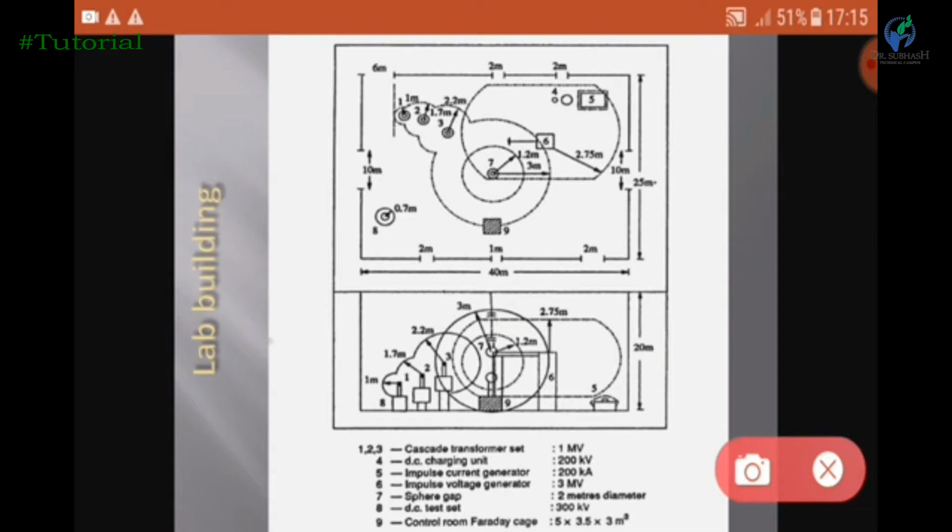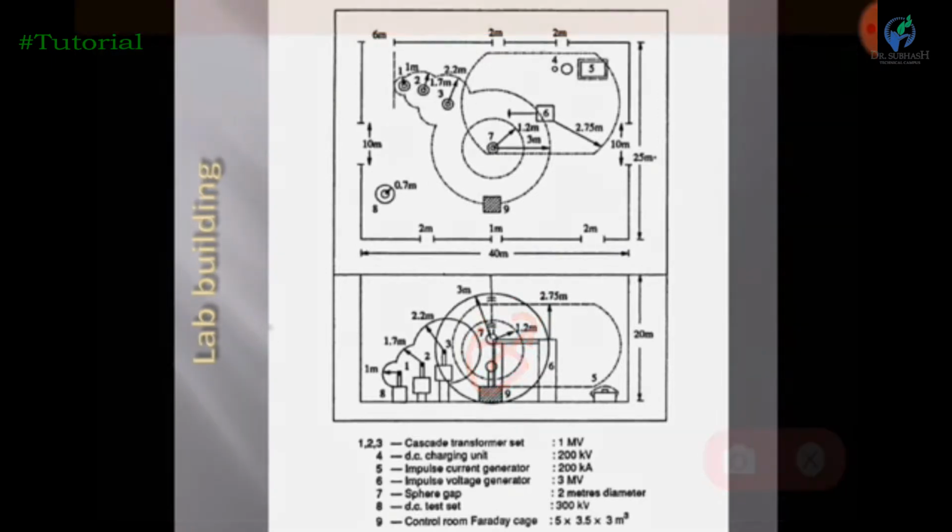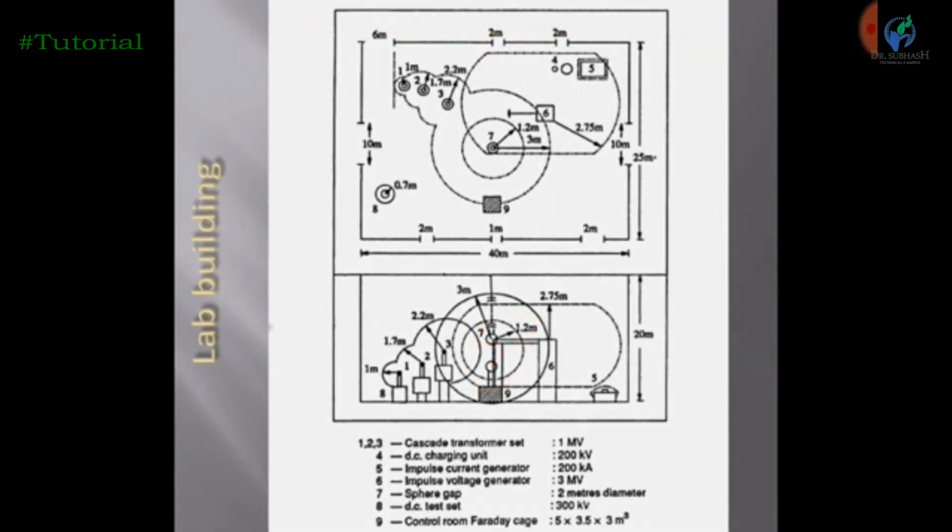Fourth is the DC charging unit. 5 is the impulse current generator. 6 is the impulse voltage generator. 7 is the sphere gap, and this one is also a sphere gap. And we can see the clearance around the sphere gap. So these are the approximate clearances and rating of the high voltage lab.